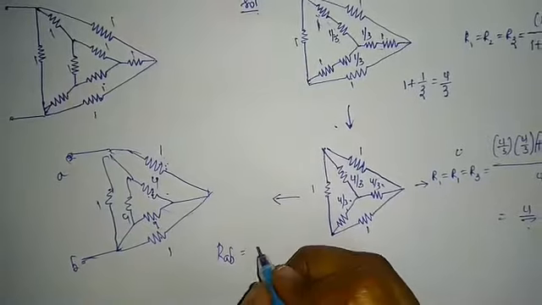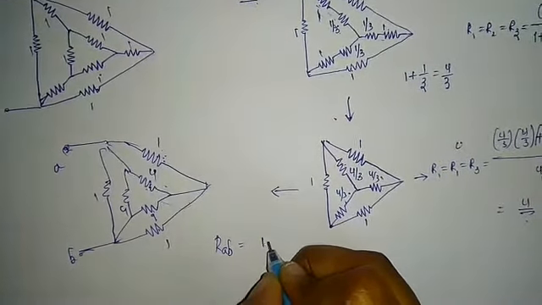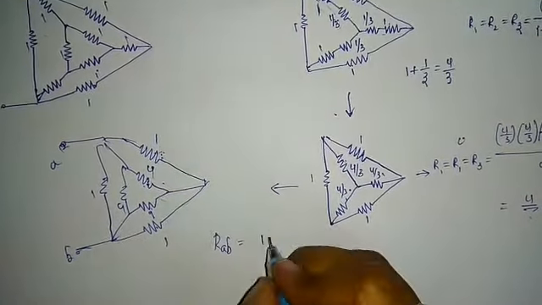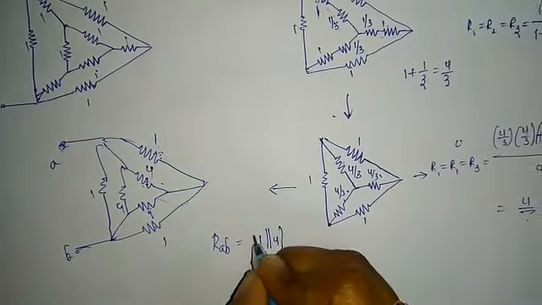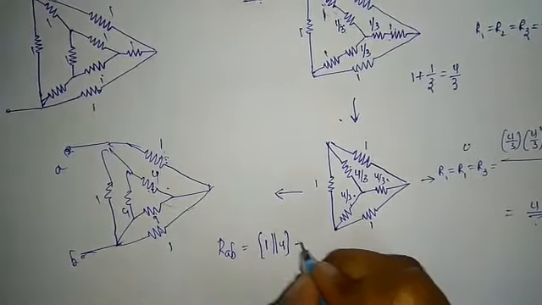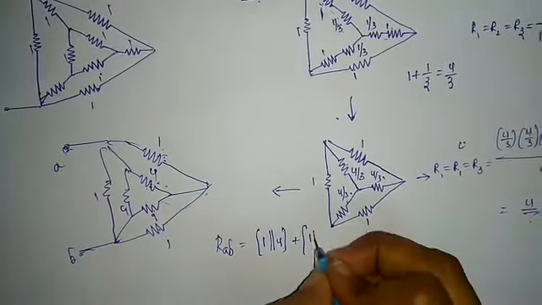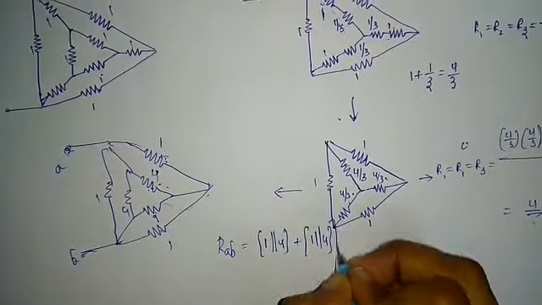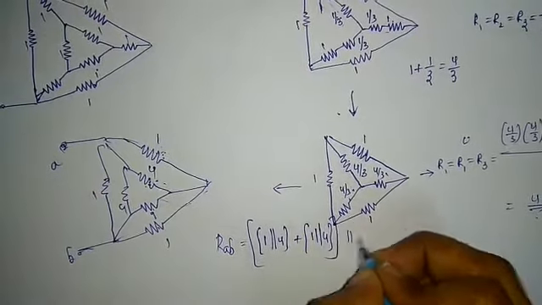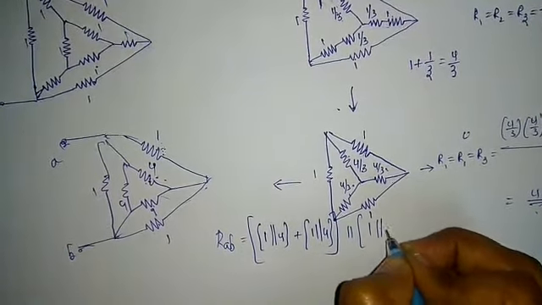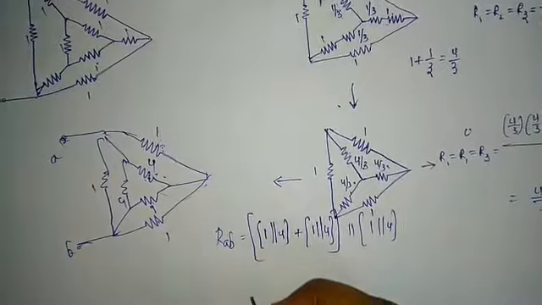Then we will get 1 parallel 4, plus again these two are in series, so 1 parallel 4, and these both are parallel to the another side, so again 1 parallel 4. I think you understood it.